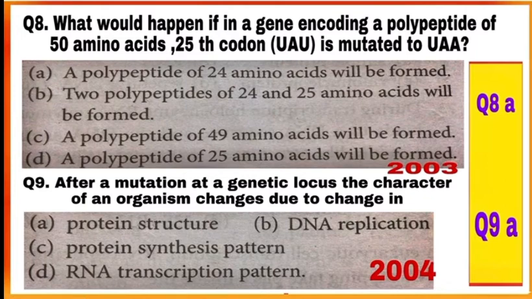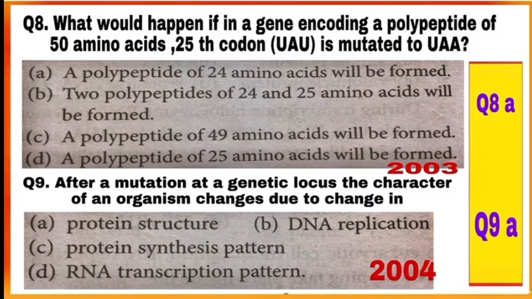If 25th codon UAU is changed to UAA, then translation will stop after the formation of a chain of 24 amino acids because UAA is a stop codon. So correct answer is A, a polypeptide of 24 amino acids will be formed if 25th codon UAU is mutated to UAA.